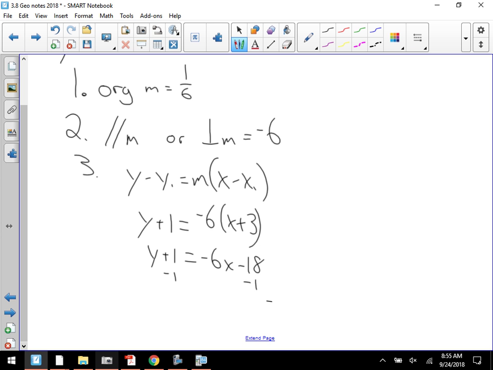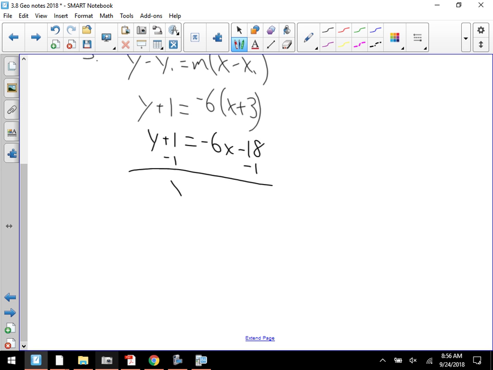Subtract 1. And y is -6x minus 19. Procedural. Follow the exact same process each and every time. And that's how this stuff works.